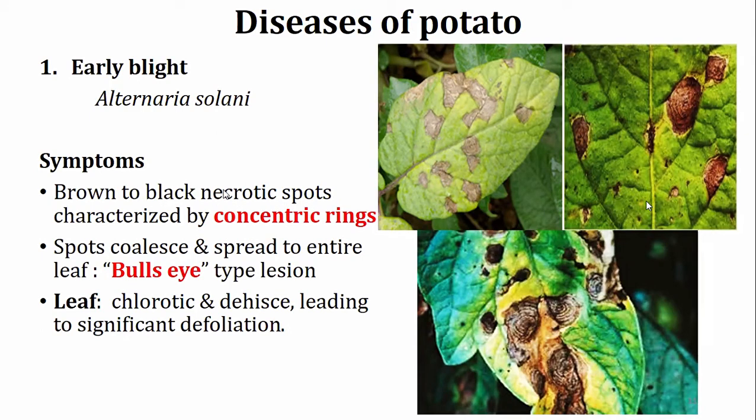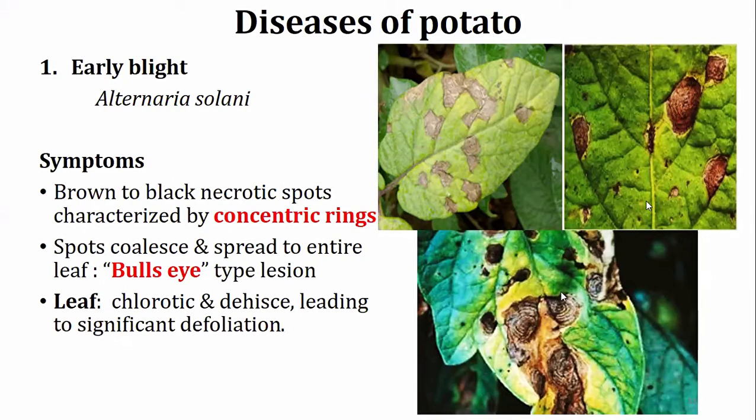Brown to black necrotic spots in the leaf, characterized by concentric rings. After these spots become enlarged, the spots coalesce and spread to the entire leaf. Then it appears as a bull's eye type lesion.